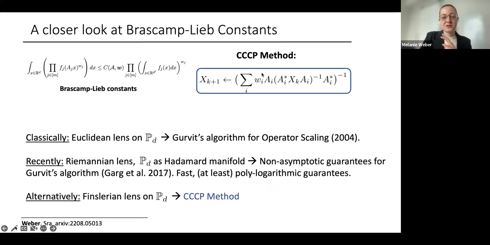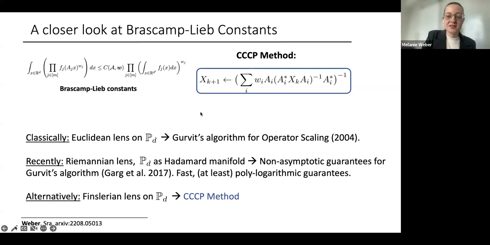Maybe just a brief note on the history of computing Brascamp-Lieb constants, or what other approaches exist. The first algorithm that was proposed for the operator scaling problem, and therefore also for computing Brascamp-Lieb constants, was Gurvits' algorithm. That was proposed in 2004, and it used only Euclidean tools, so it's a purely Euclidean algorithm.